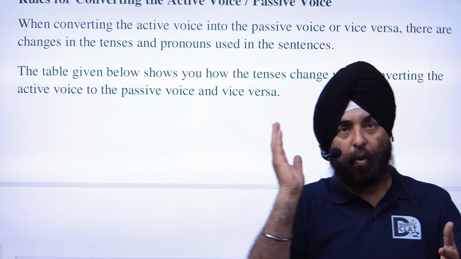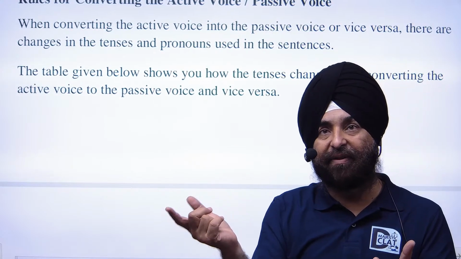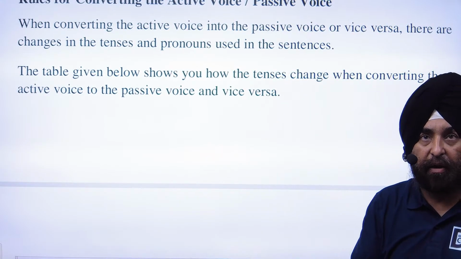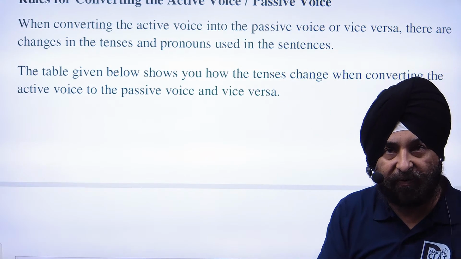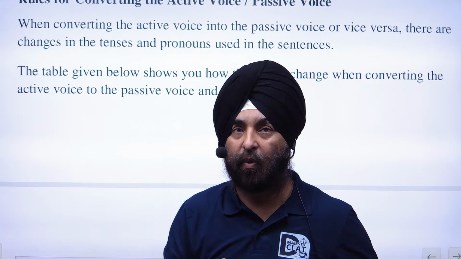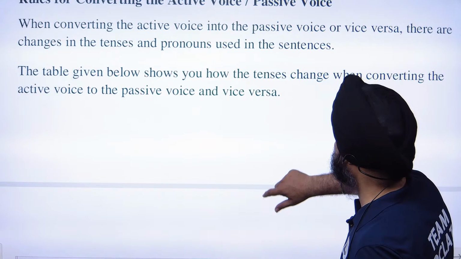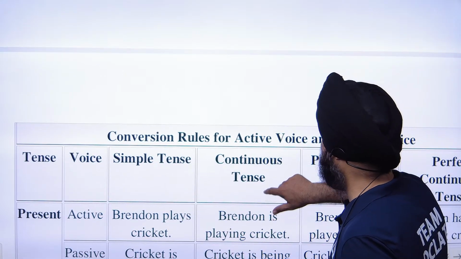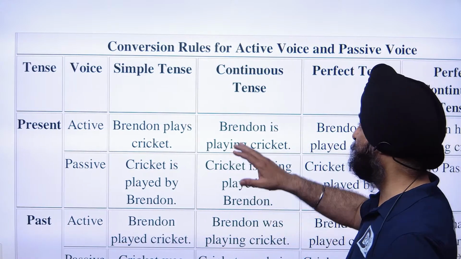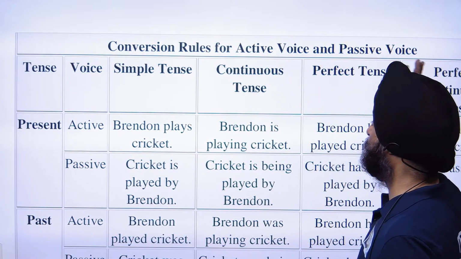Three things happen. One is that there is a flip of the subject and the object that we have discussed already. Apart from that, there is a change in the tenses and the pronouns that are being used in the sentence. Okay, I have a table with me over here. Let's have a look at this. From the point of view of tenses, let us have a look at the rule of conversion from active and passive voice.